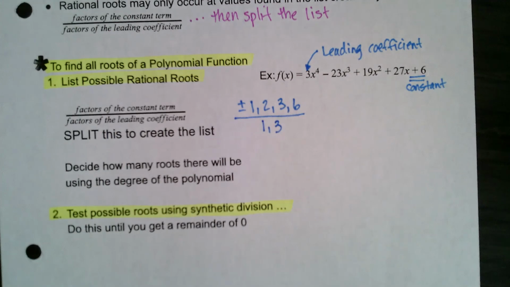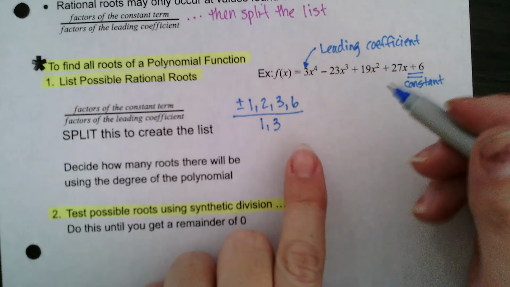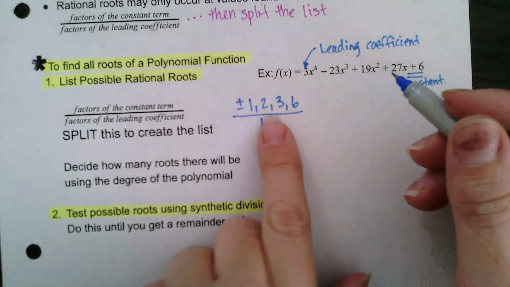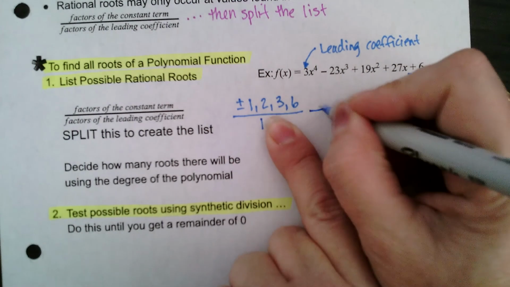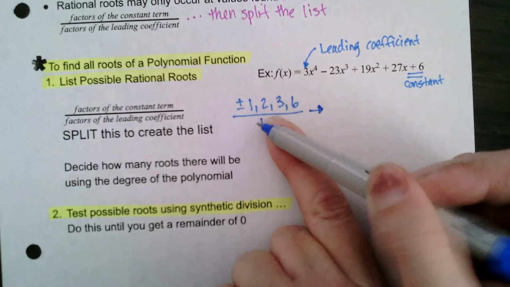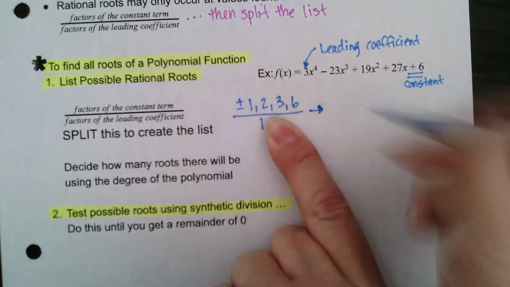Now, what I mean when I say split this to create the list is basically you're just going to go one at a time along the denominators. I'm going to forget about all the other denominators, and I'm going to write each numerator using the denominator of 1.